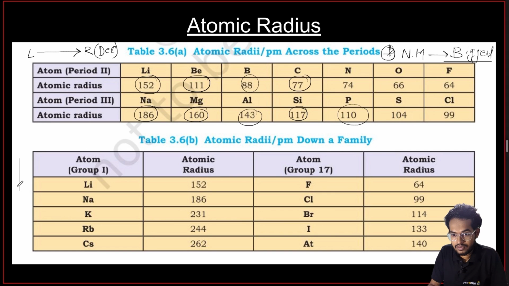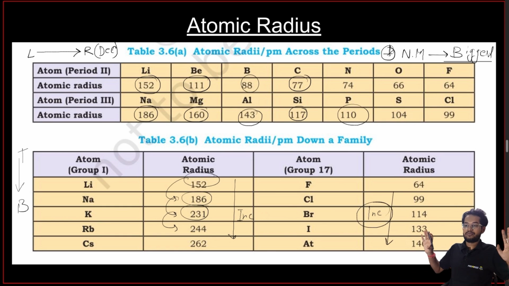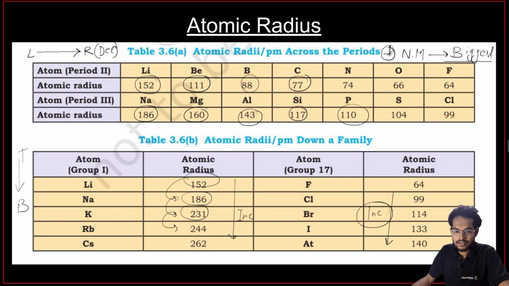So let's go from top to bottom. As you can see, 152, 186, 231, 244, it is basically increasing. And this one is also increasing. So this is your basic trend for your atomic radius, right?